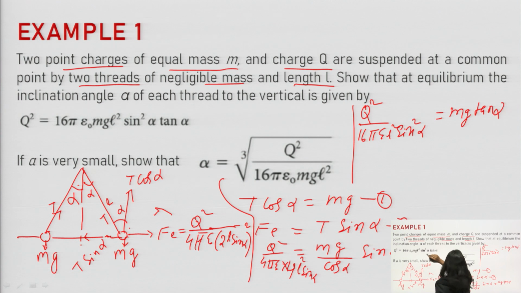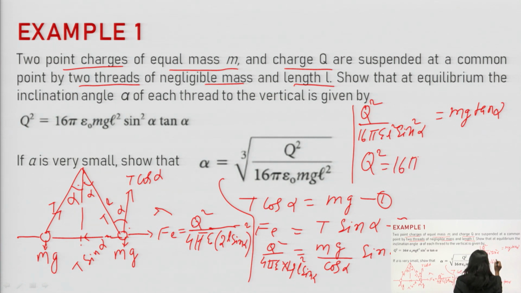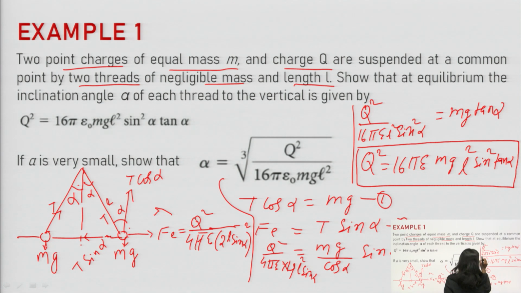Now we need to prove this. Putting all these things on that side, we get q square is equal to 16 pi epsilon mg L square sin square alpha tan alpha. So we got this value, hence proved.